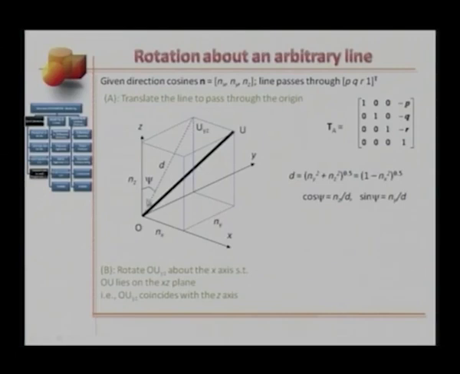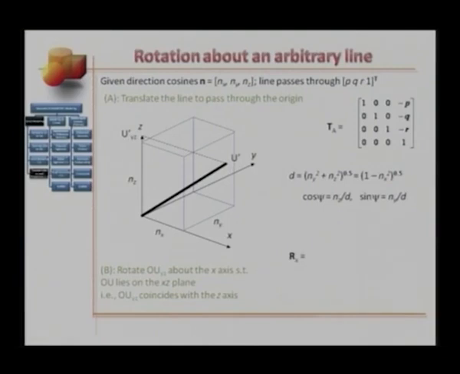Once I rotate this line, OU will lie on the xz plane, and OU_yz will coincide with the z-axis. U prime is the new position of U, and U_yz prime is the new position of U_yz.